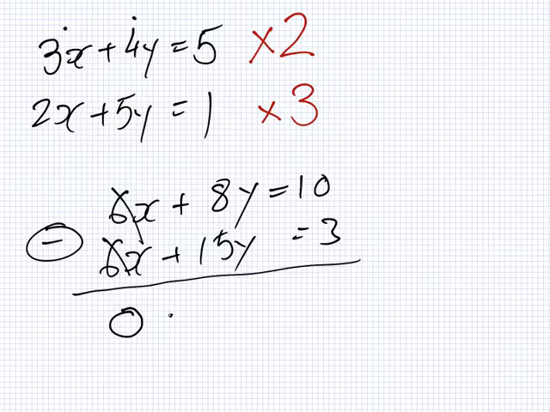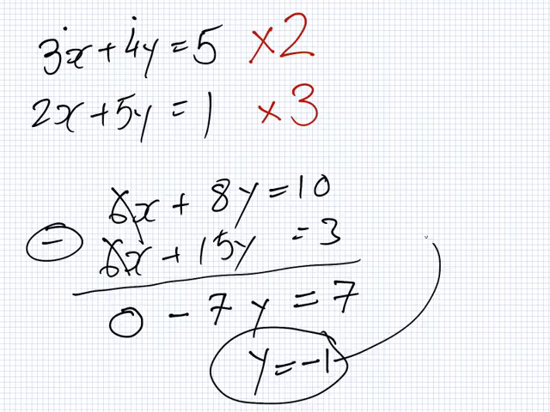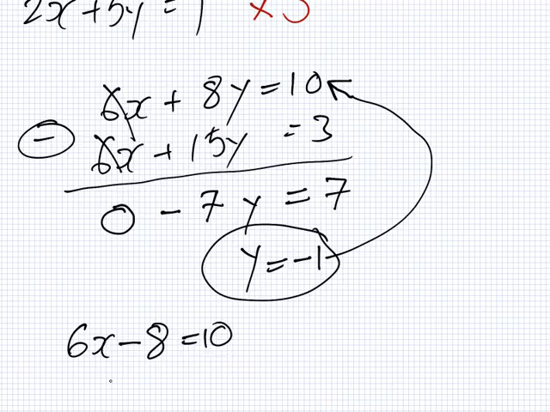Next: minus 7y. So y equals minus 1. And I can put this here to get x. So I can get 6x minus 8 equals 10. 6x equals 18. x equals 3.